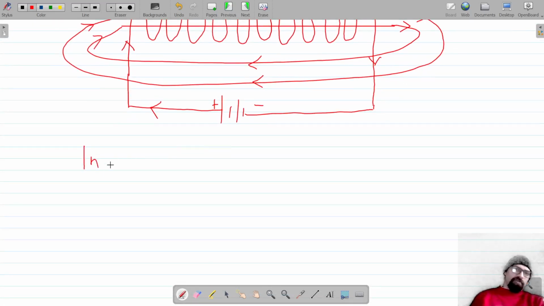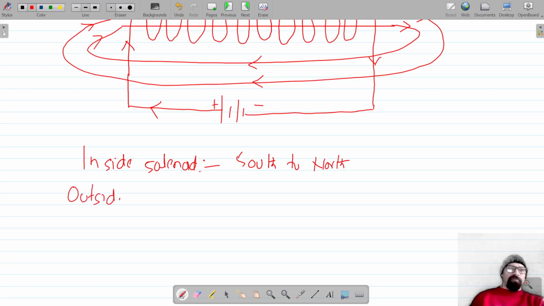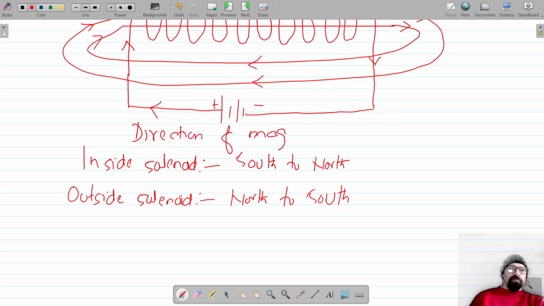So inside the solenoid, the direction of magnetic field lines is from south to north. And outside the solenoid, the direction of magnetic field lines is from north to south.